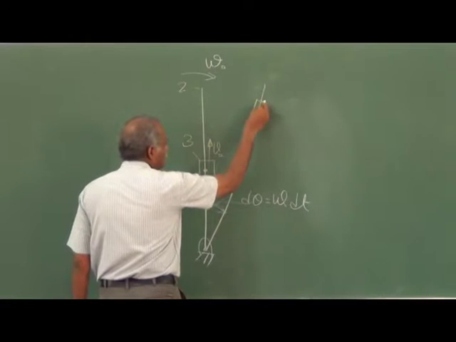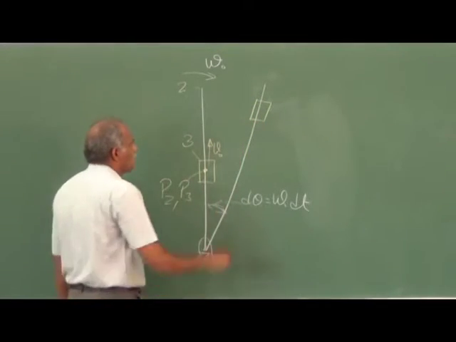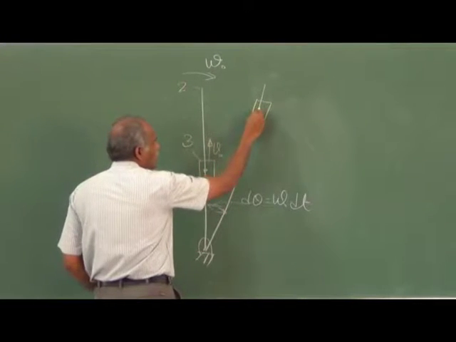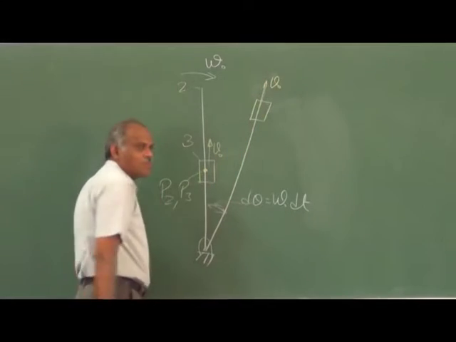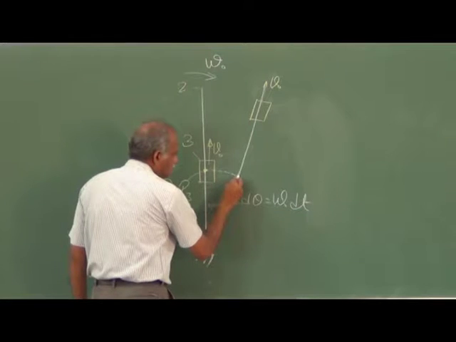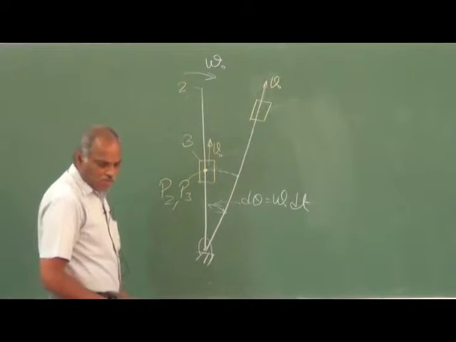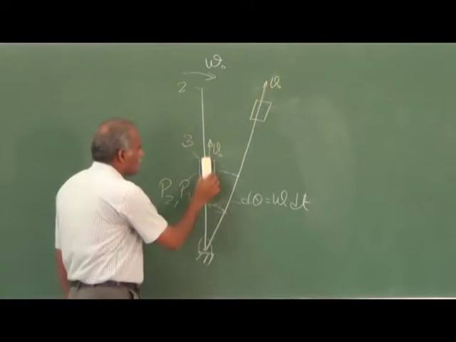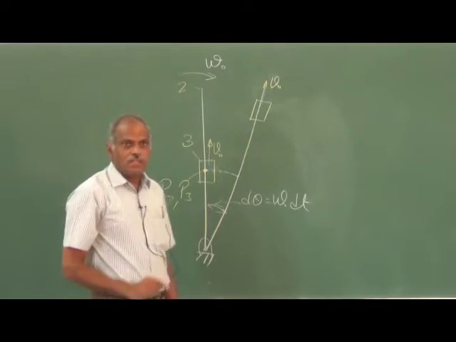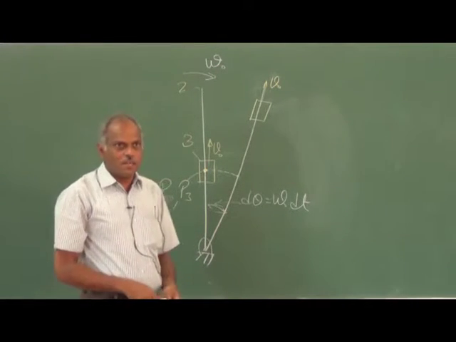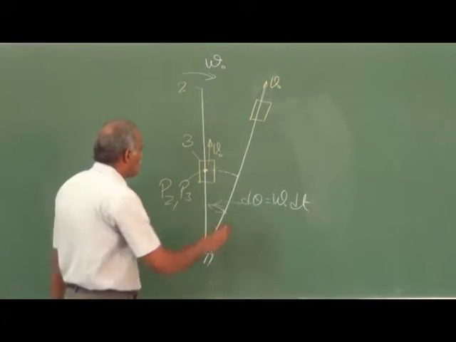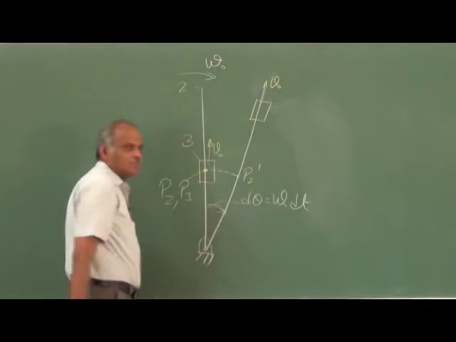Now after a while of dt, this has reached a new place. It will still be moving with the velocity v0. This slider was initially in this position, now it is in this position. So the displacement of the slider is split into various components. Say this is P2 dash.